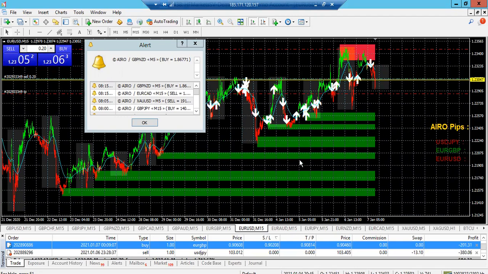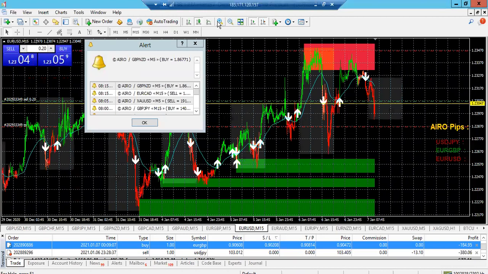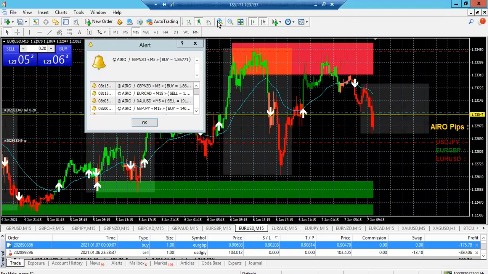We have 1, 2, 3, 4, 5, 6 green boxes and one red box. Since what goes up must come down, when this market hits this red box as a selling zone, it will definitely come back to the floor.